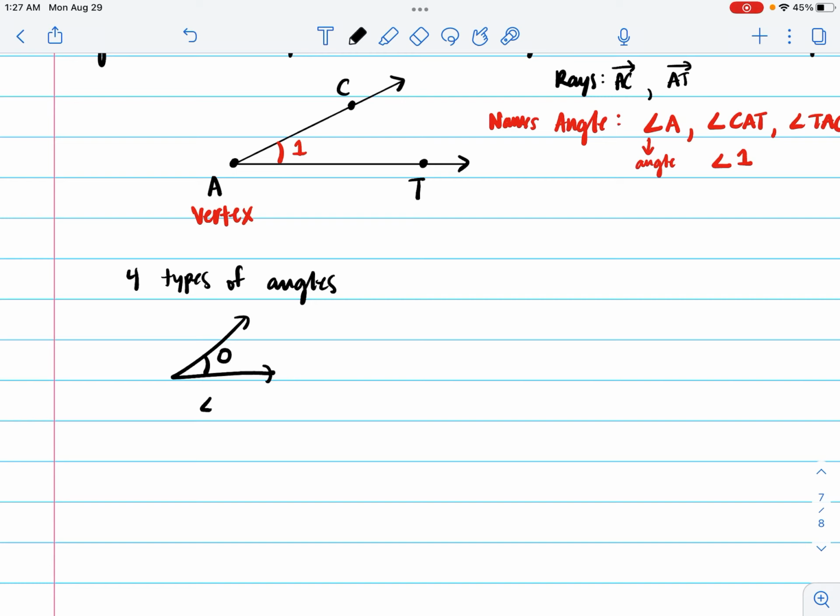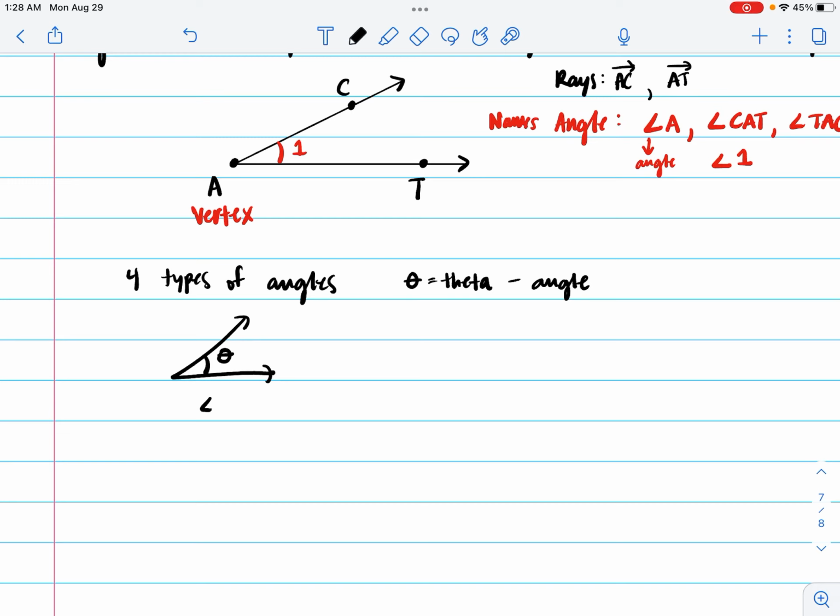So I'm going to put a marker here, and I'm actually going to use this Greek symbol called theta. It is literally an O with a line through it. We call this theta, which just means angle. Technically it's a Greek letter, so it's a variable, but we use it for angles.